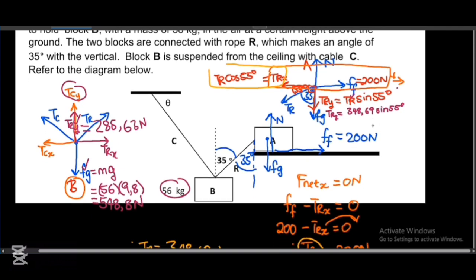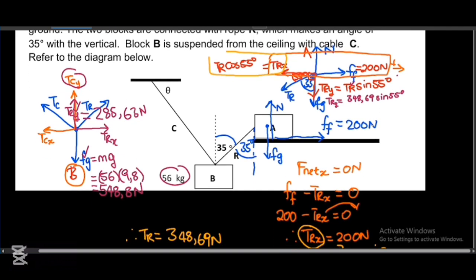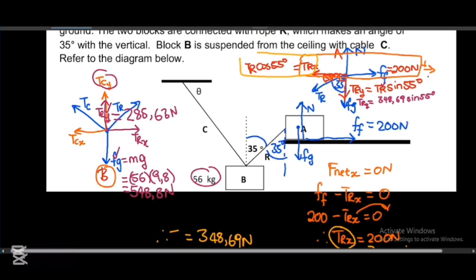Now we can see that this will be the easy process. Let me go ahead and erase this. So now we already know that F net in the y-axis is equal to 0, and in the y-axis we'll take going upwards as positive. So Tcy, which is going upwards, is going to be positive, and Try is also going to be positive, but Fg is going to be negative, equal to 0.